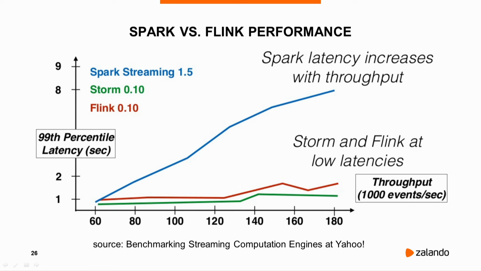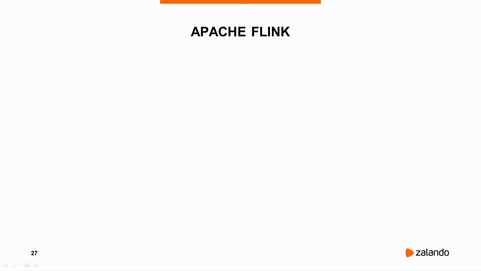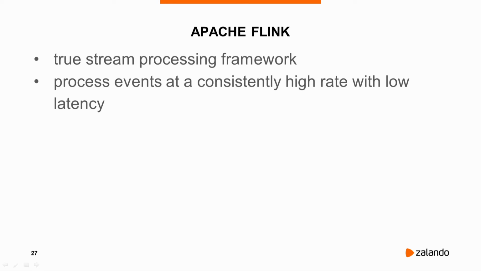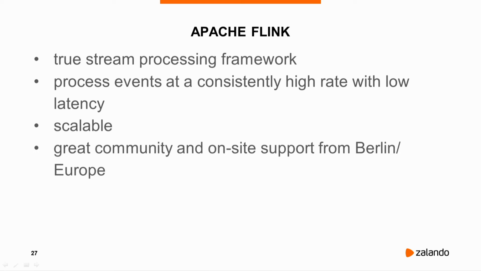Having all this in mind, we decided to go with Apache Flink because it's a true stream processing framework. It processes events at a consistently high rate with low latency. It's scalable and has great community and on-site support from Berlin, Europe, where we are also based.